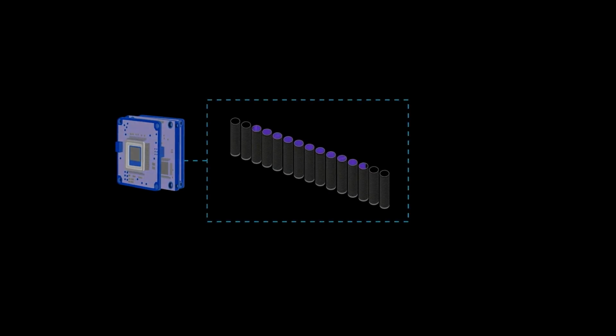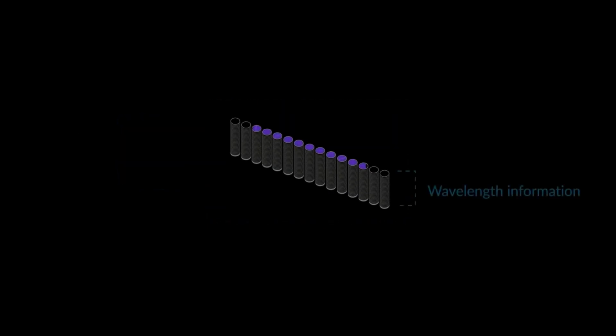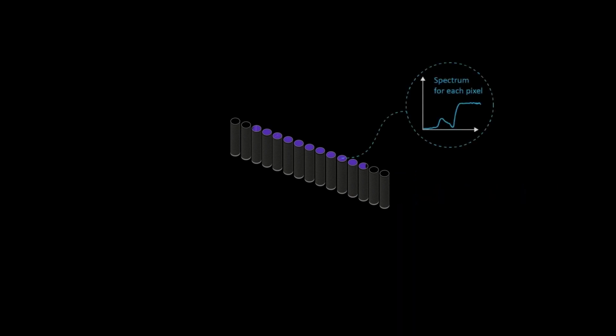Together, the rows provide the full spectrum so that each column contains the spectrum from a single location. This is how the technology can provide answer to all our questions: what based on the spectrum and where based on the location.